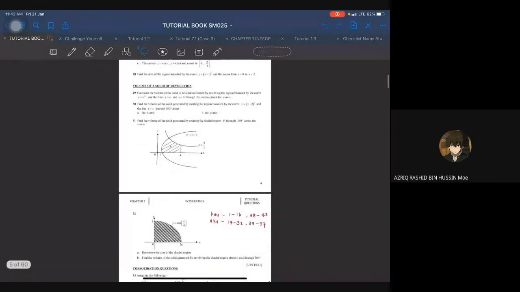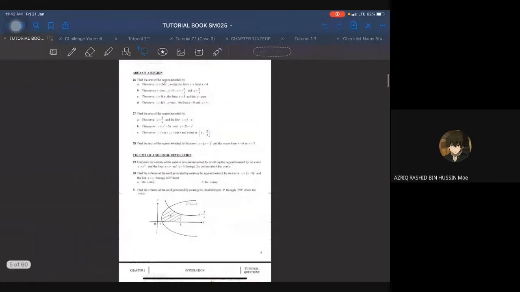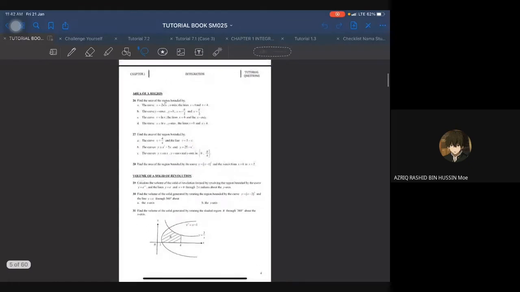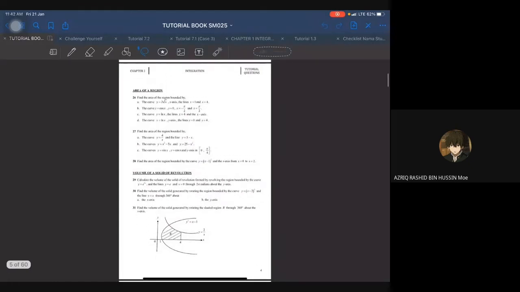So ada 7 soalan. Okay, banyak lah actually. Kesemua soalan ini saya nak try bincang on hari Selasa. So awak mesti tengok video, ada 4 video in total. So 2 for area and 2 videos for volume. Okay, and then baru awak boleh try untuk jawab soalan-soalan yang ada dekat sini.